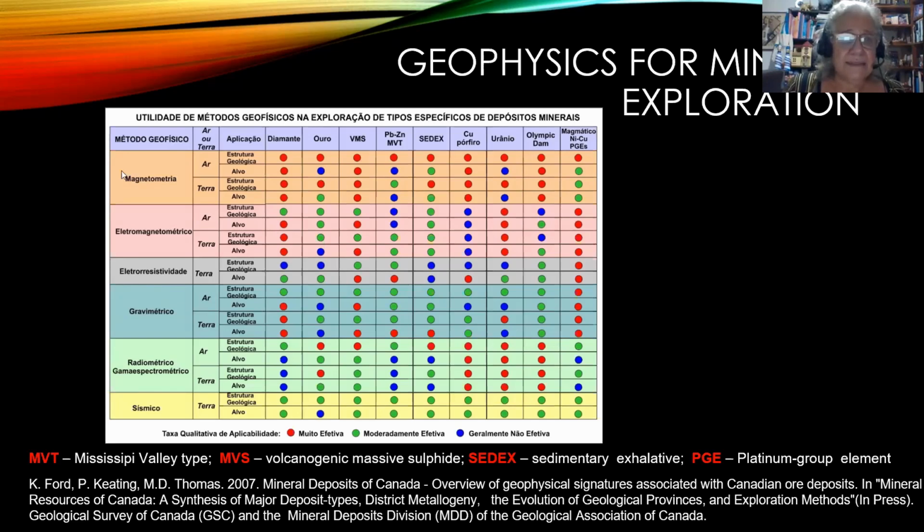So we can see here that depending on the application, diamond, gold, VMS, MVT, SEDEX, etc., you have this table that is really good to use for setting up your survey and deciding which methods you are going to apply to your site.